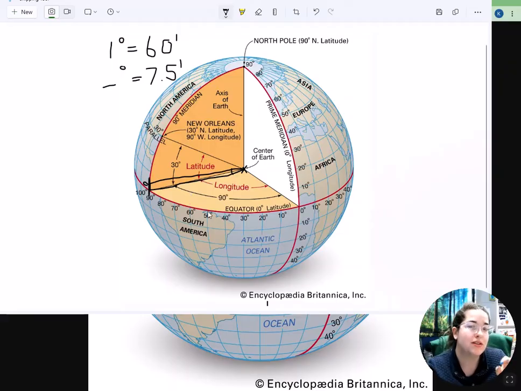But it would be the same if you were figuring out angles on a triangle or a shape, and you calculated an angle to be less than 1 degree. You could break it into 60 minutes geographically and say that it's X number of minutes of an angle. And that's really what it is. When I talk about minutes and seconds and all of that, I'm talking about fractions of an angle, fractions of a degree of an angle.